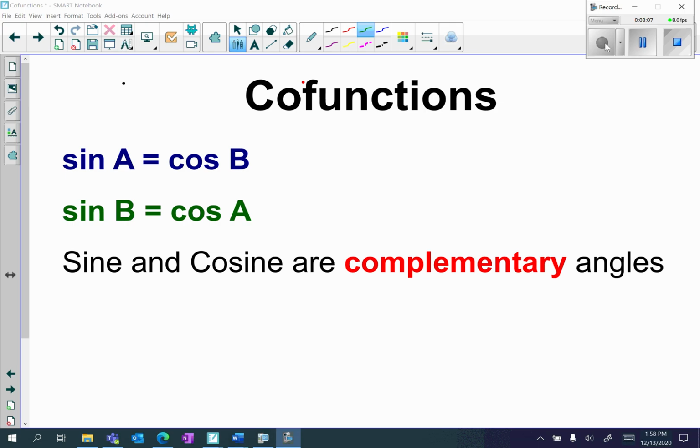These are three important facts we should know about cofunctions. Sine of A is equal to cosine of B, or sine of B is equal to cosine of A, and sine and cosine are complementary angles, meaning that they add to 90 degrees.